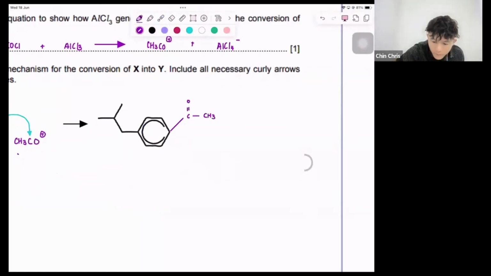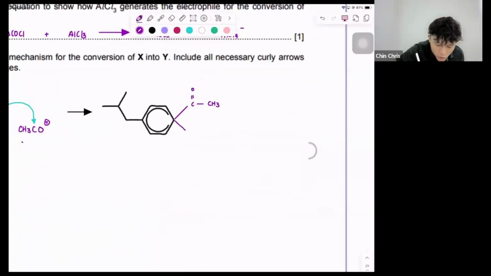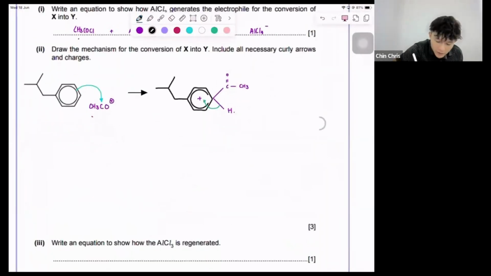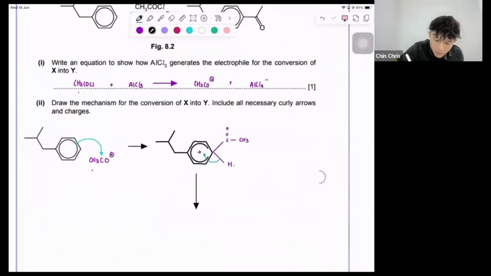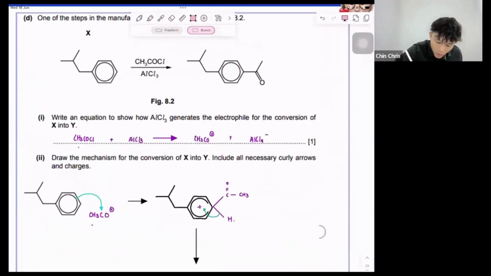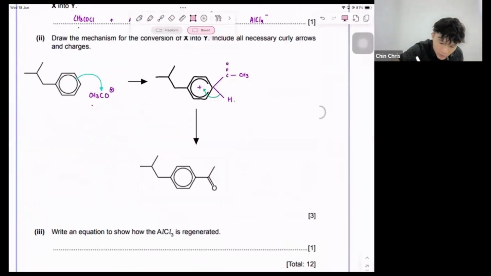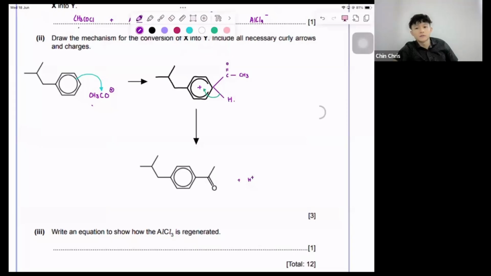This one still has a hydrogen. The electron on the hydrogen is going to go back into the ring, because the positive charge is missing. Finally, an H plus is formed.